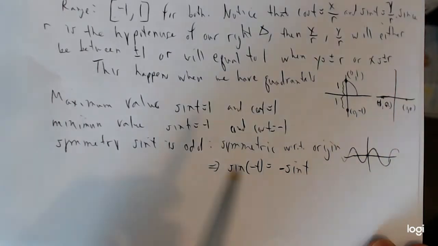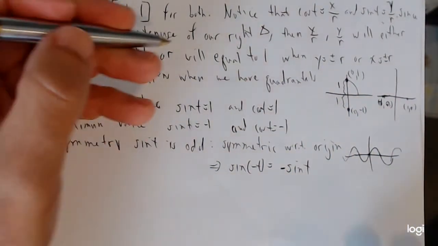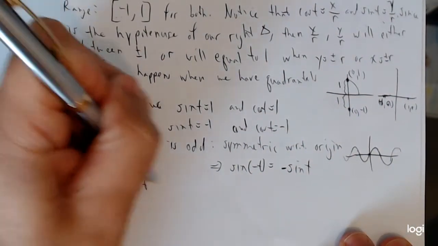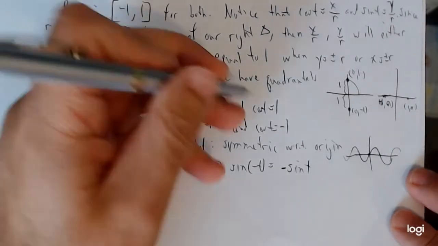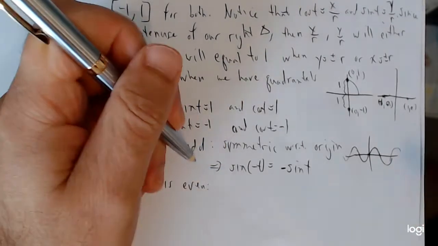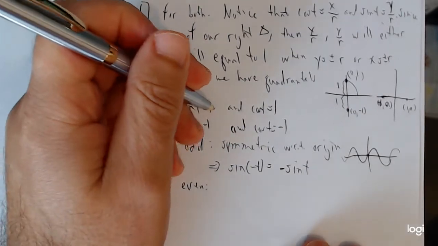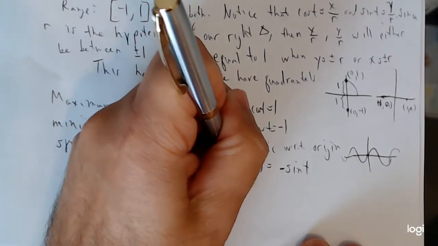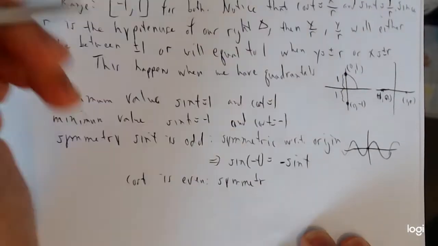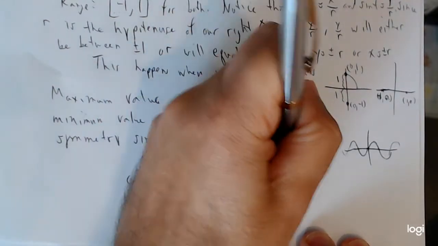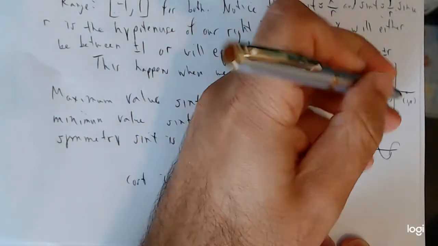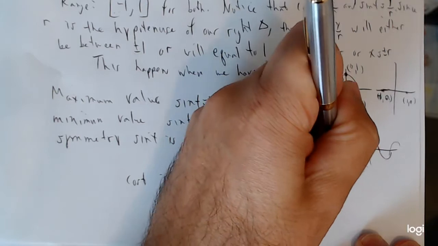That's a fact. That's what it means when it's symmetric with respect to the origin. Okay, then we also have that cosine of t is even, which means it's symmetric with respect to the y-axis.